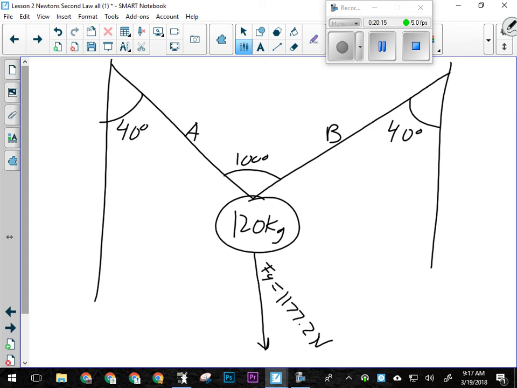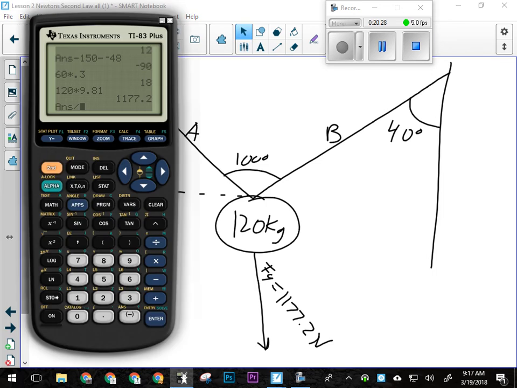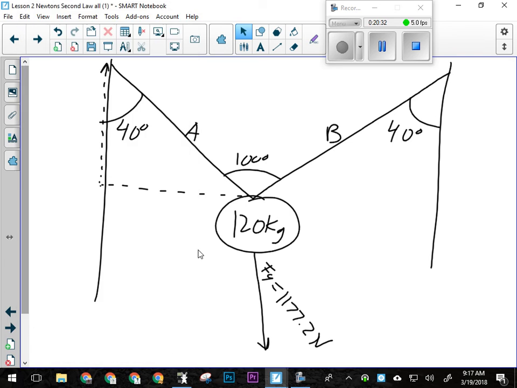They're pulling in different directions. So what I need to do is recognize that each cable is supporting how much of this 1177.2? Half of it. All right, so if I divide that number in half, I now know the vertical component for each cable, 588.6 newtons.